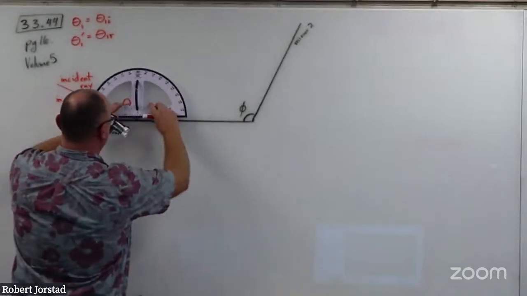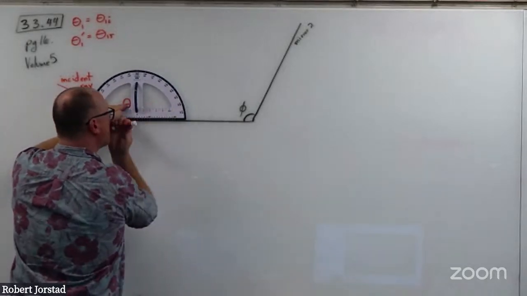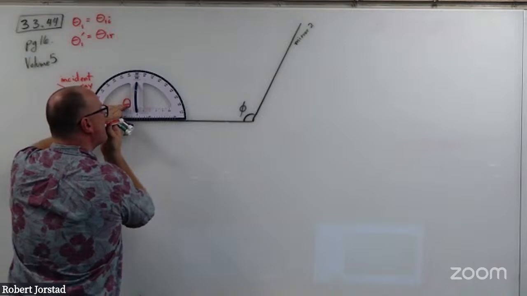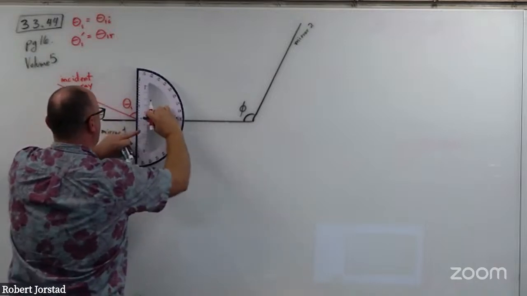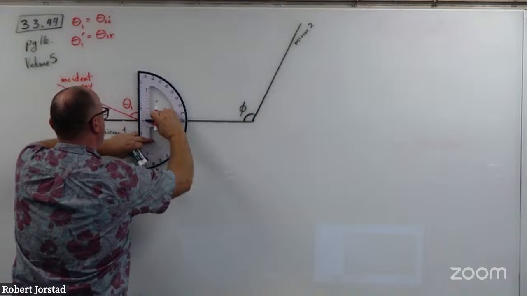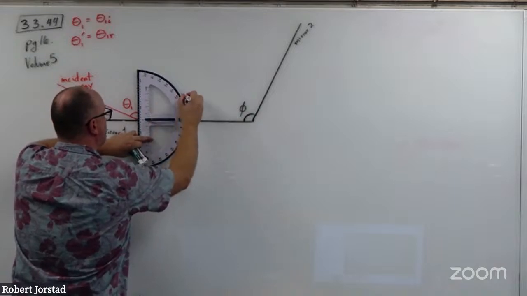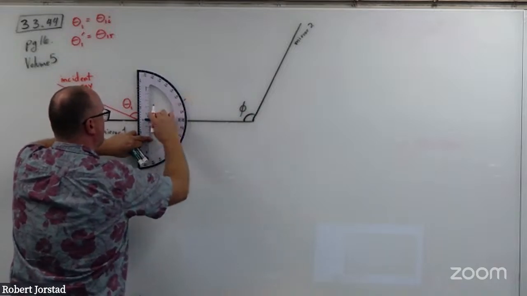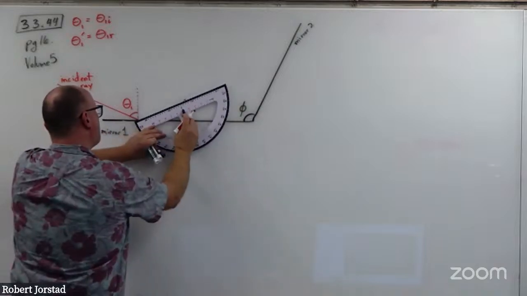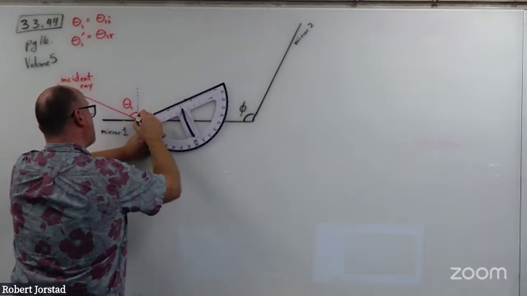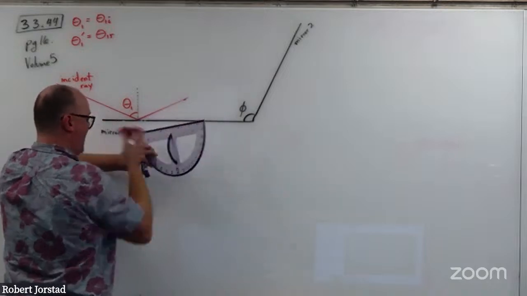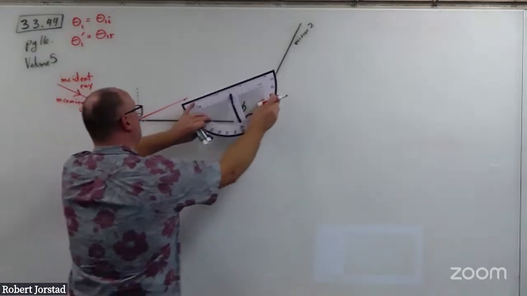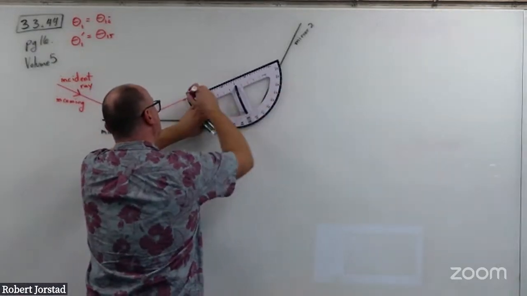So this one should spit out here. Let me just do it this way so I don't screw it up. At about 67, it should go over and eventually hit this other mirror.